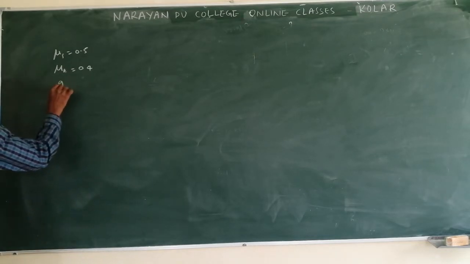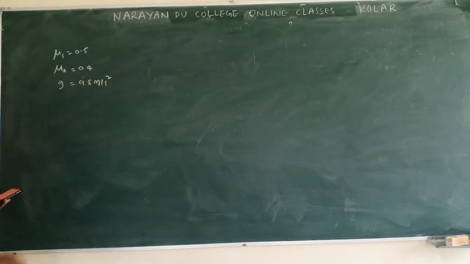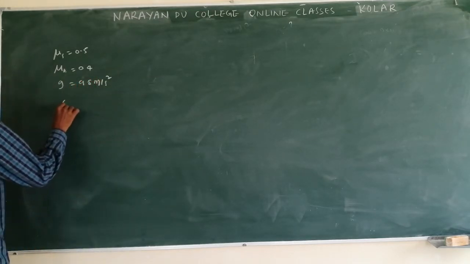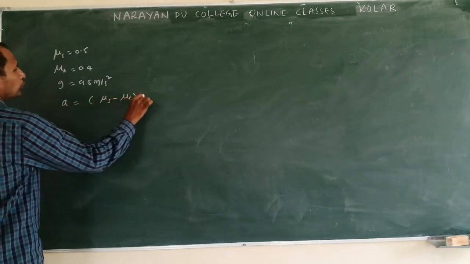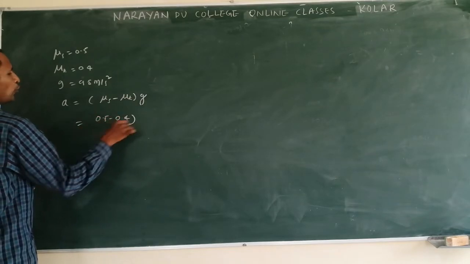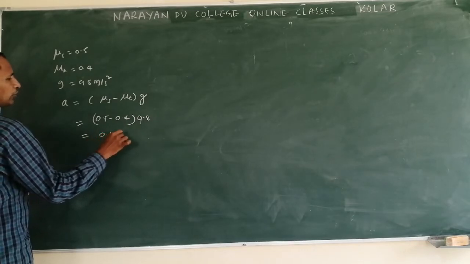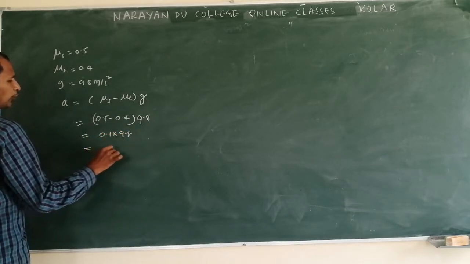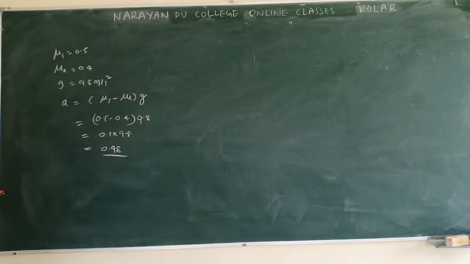Take g as 9.8 meter per second square. Whenever you find this kind of question, the acceleration formula is a is equal to mu s minus mu k into g. Directly, 0.5 minus 0.4 into 9.8, 0.1 into 9.8, is 0.98 meter per second square.